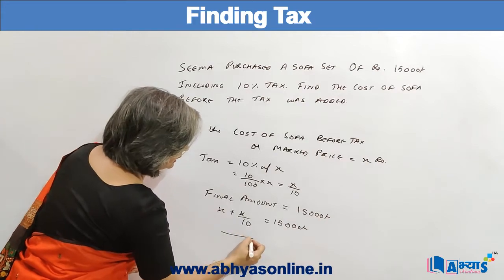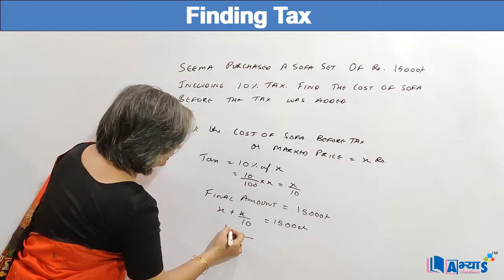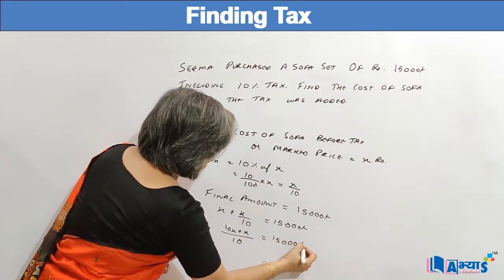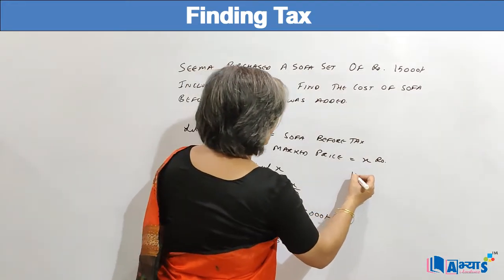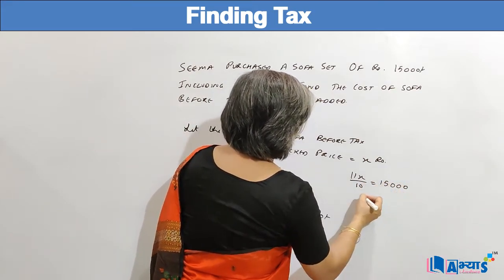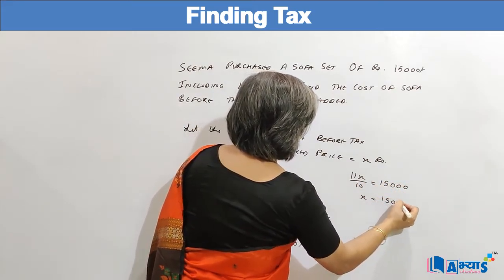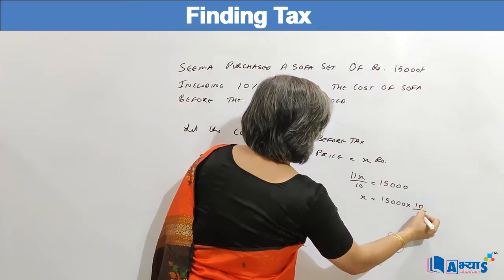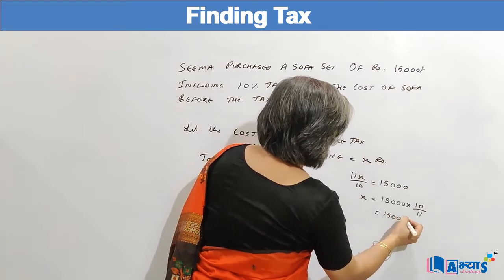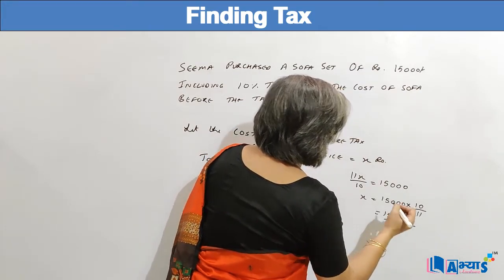On solving, I will get 10x plus X is equal to 15,000. So we can say 11x upon 10 is equal to 15,000. So X is equal to 15,000 into 10 upon 11, and it will be equal to 150,000 upon 11.